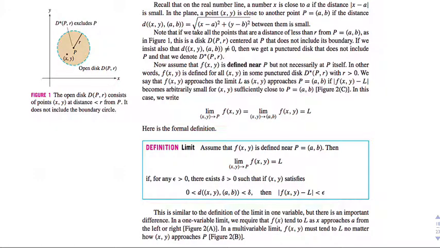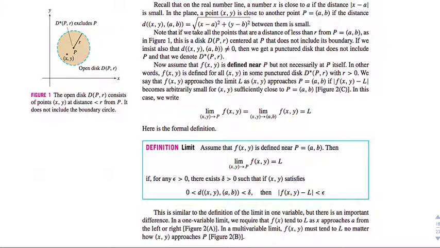So again, let's recap this notion. We assume that some function is defined near P, but not necessarily at P itself. In other words, this function is defined for all x, y in some disk centered at P. We say that f approaches the limit L as x, y approaches P if the distance between our function value and our limit is arbitrarily small for some arbitrary point.